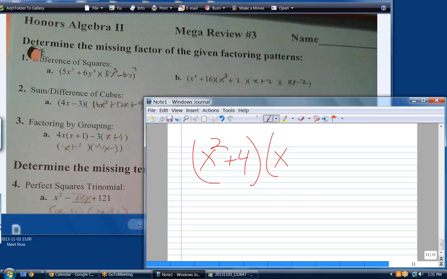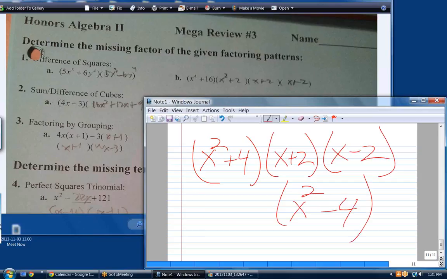In the third set, x minus 2, which is x squared minus 4. So she's saying it's x squared plus 4 times x squared minus 4? I don't think so, not with a plus sign in the 16. If that was a minus 16, she'd be correct.